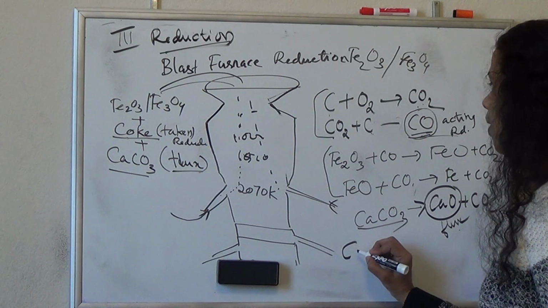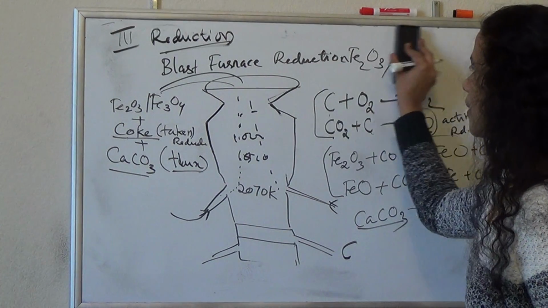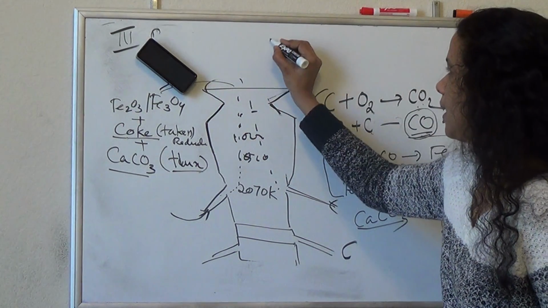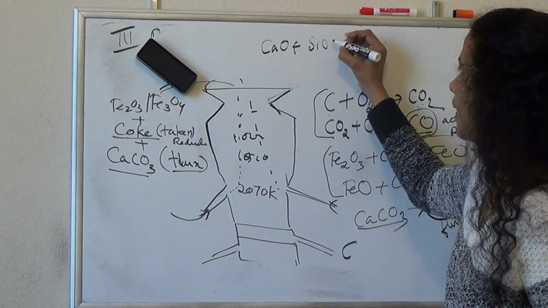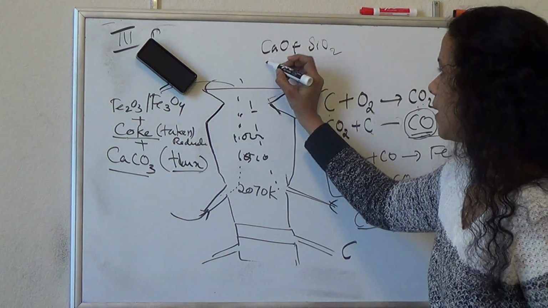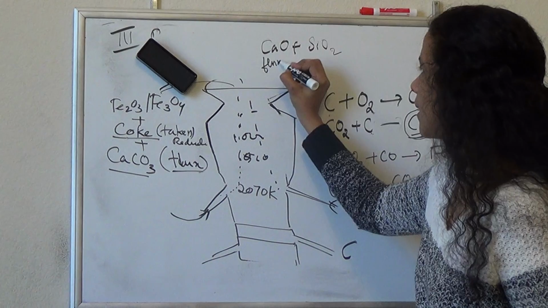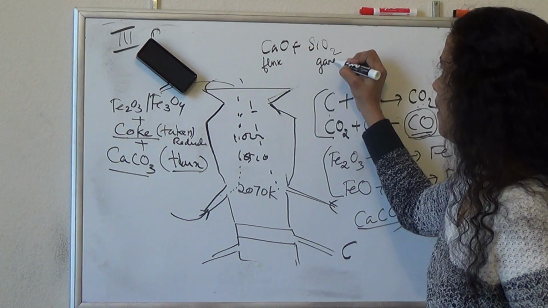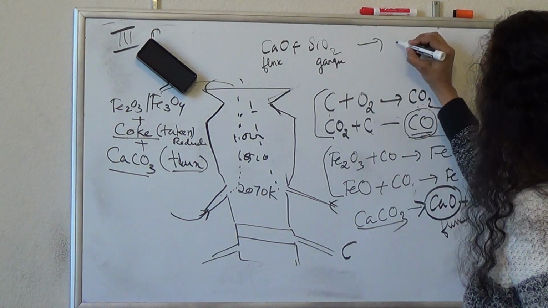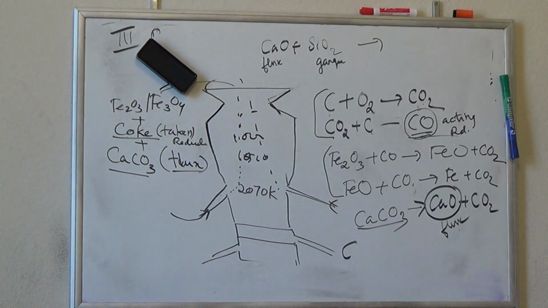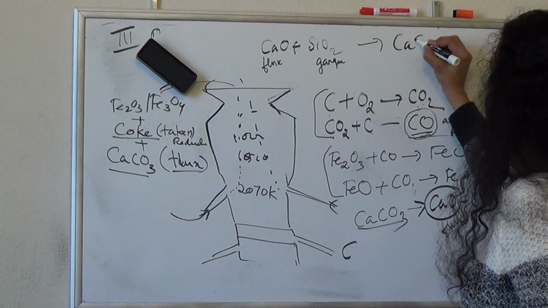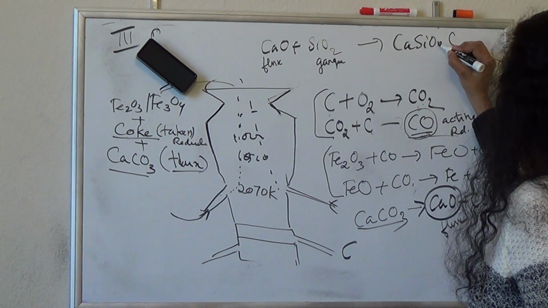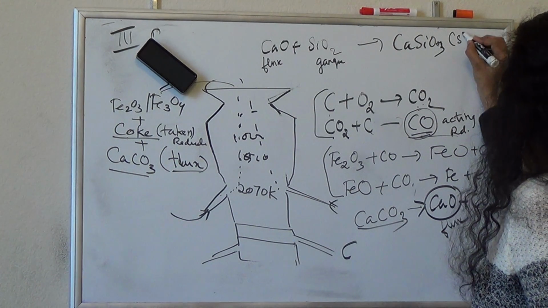It combines with silica, which is the gangue, and forms calcium silicate, CaSiO3, which is slag.